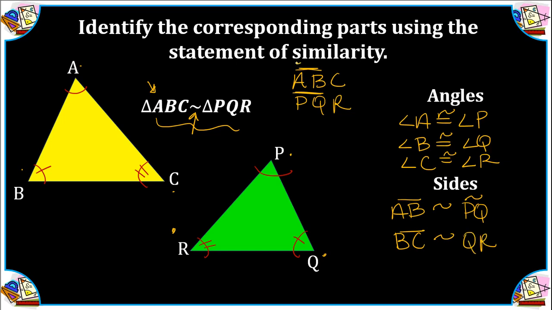And then lastly, we have AC is similar to PR. So it's easy to see in your similarity statement those parts that are corresponding. And to be similar, remember, corresponding angles must be congruent, while corresponding sides have to be proportionate, which we will get to.